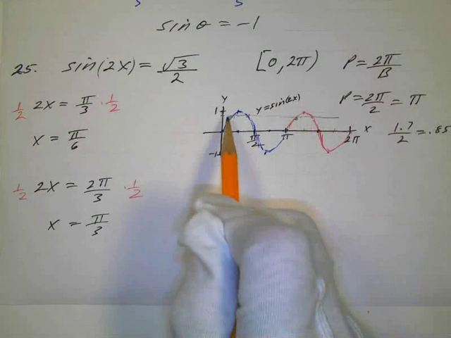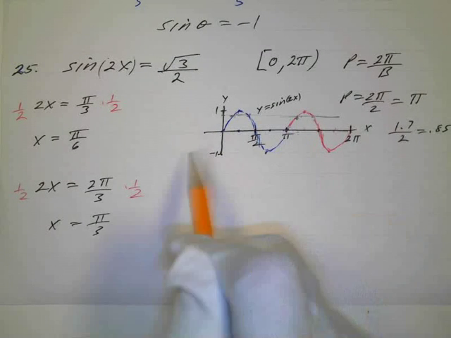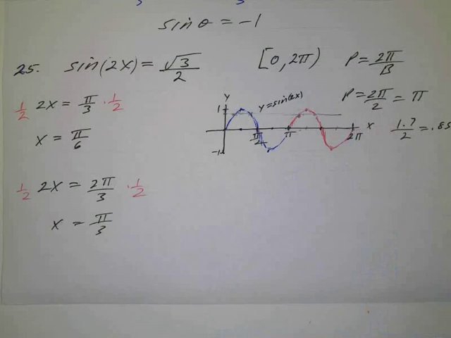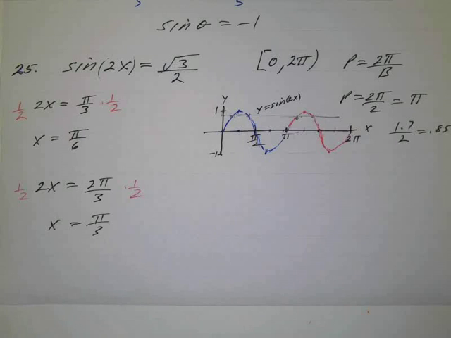The distance to here would be just pi. So I would add pi for the next value, and if I added pi again, I would be outside my restricted domain.